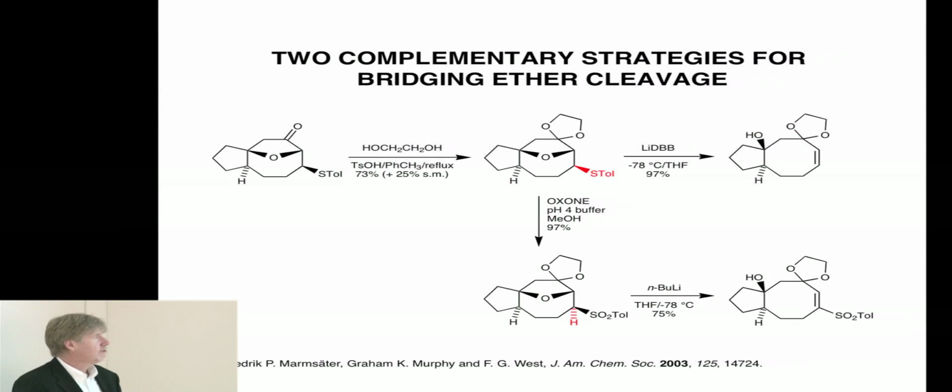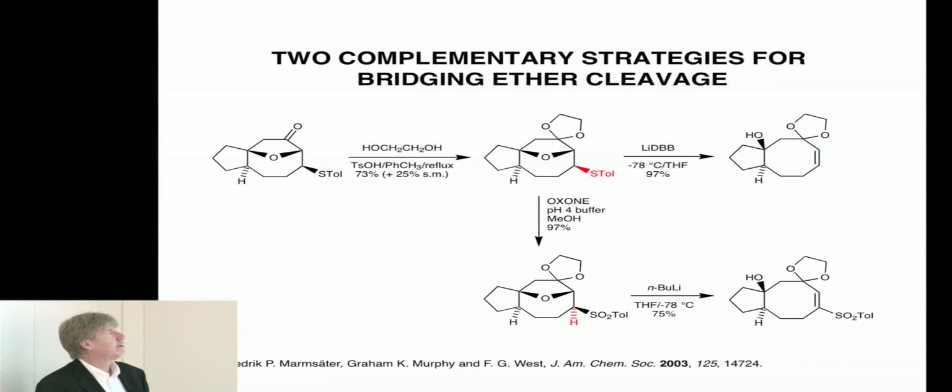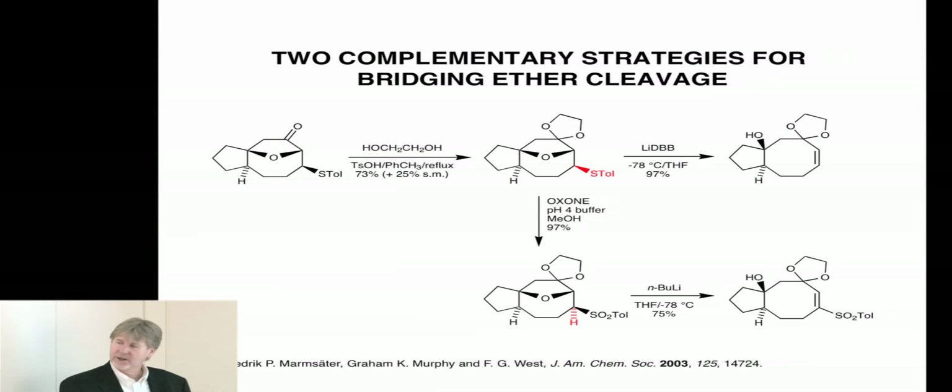Now, it's really good to use the mixed monothiolacetal because, first of all, that sulfur really supports the 1,2 shift. It seems to be a very good stabilizing group for whatever mechanism you believe that 1,2 shift happens by, but it serves another purpose after the 1,2 shift to allow us to open up this bridging ether with complete regiocontrol.